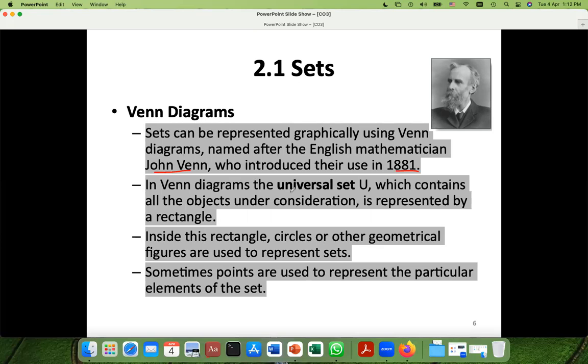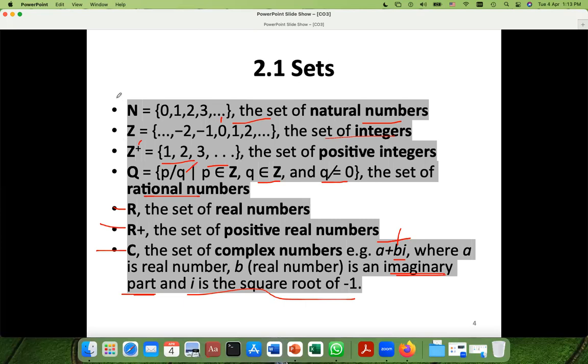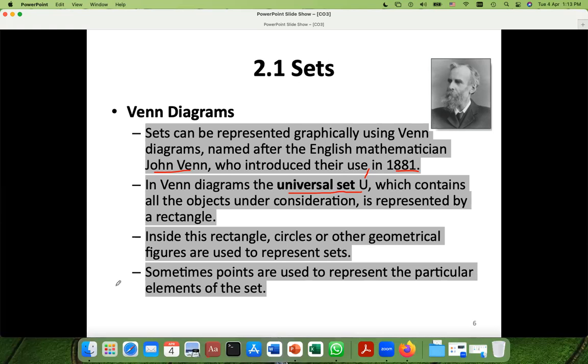There is a universal set, and the letter for the universal set is U. The universal set normally contains all types of numbers. The numbers that you saw here, all types of numbers are in the universal set. Normally we represent this universal set in a Venn diagram with a rectangle.